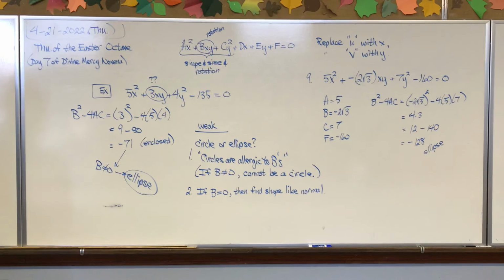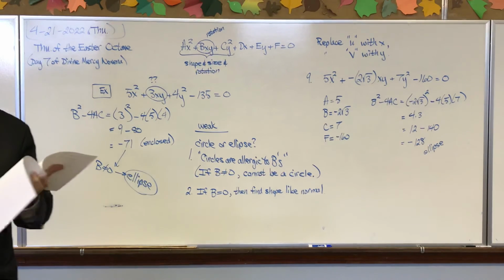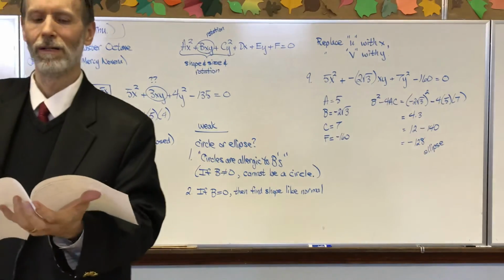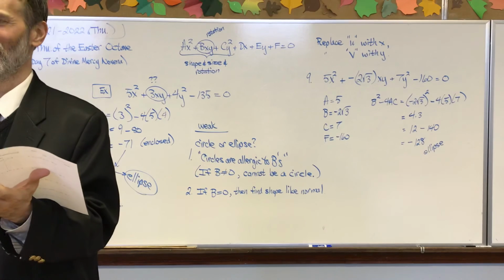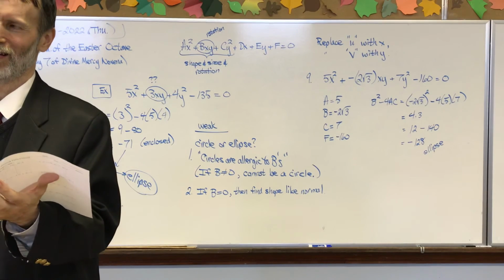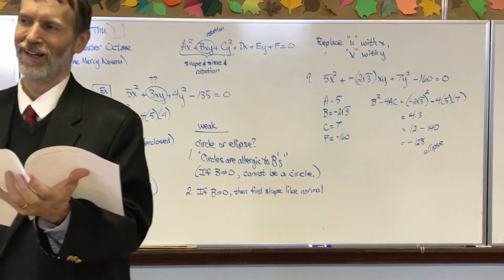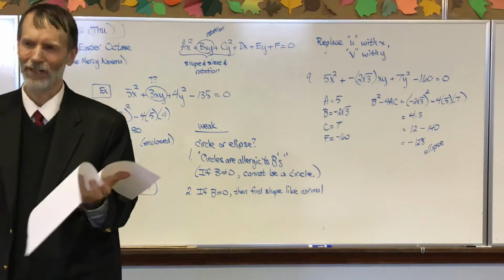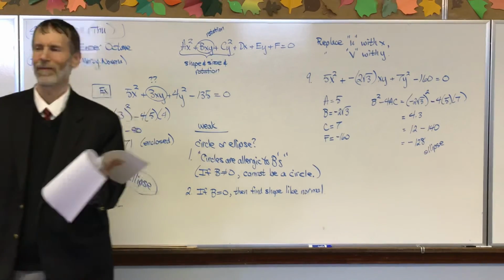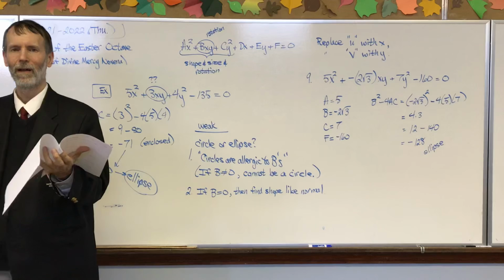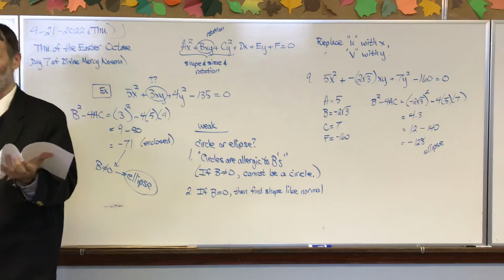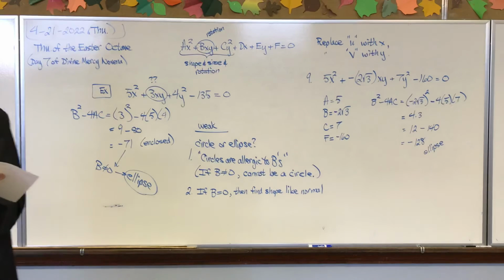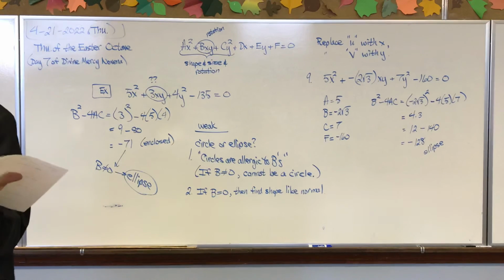Josh, what shape is number 12? That's a parabola. How do you know? Only the y is squared. What letter is the leader? How do you find out what's the leader for a parabola? Like y equals x squared, the leader's y. But not necessarily because it's in front.